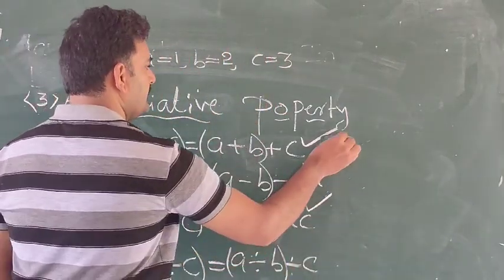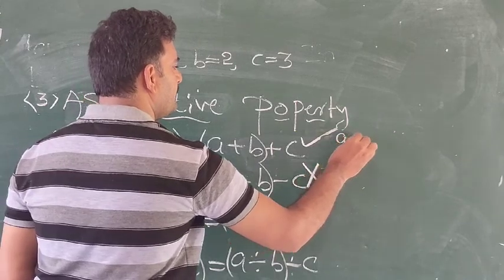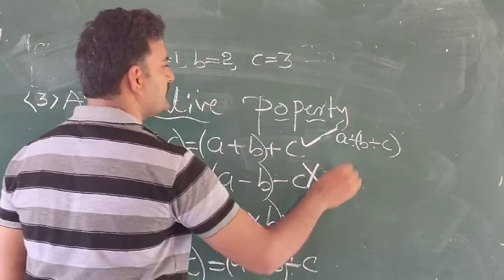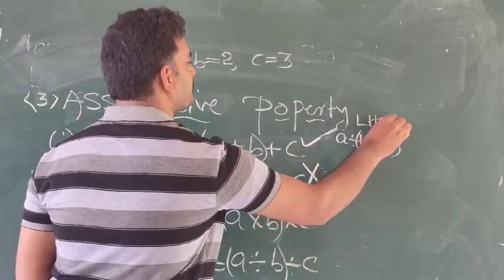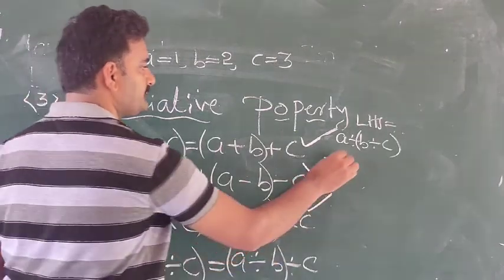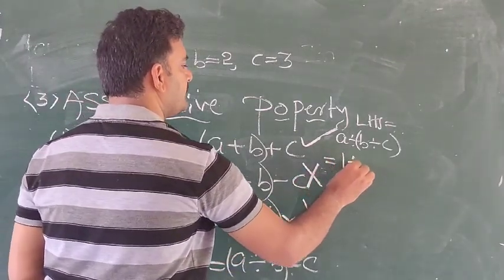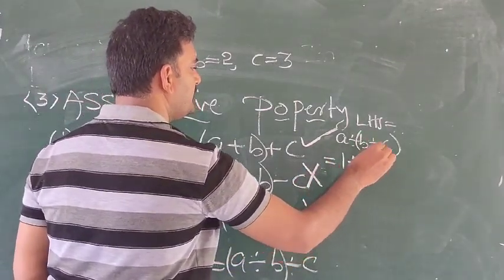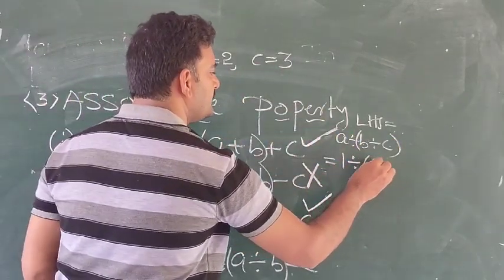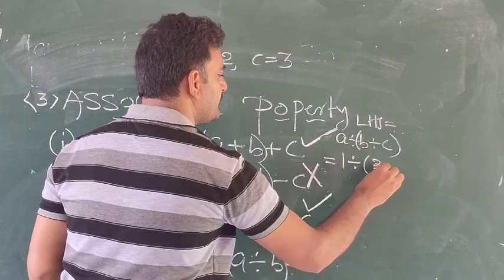Now A divided by B divided by C, LHS. So what is A? A is 1 divided by, now this one, B divided by C, B is 2 divided by 3.